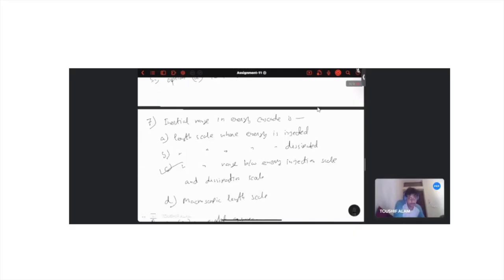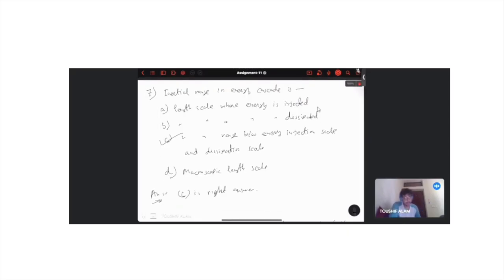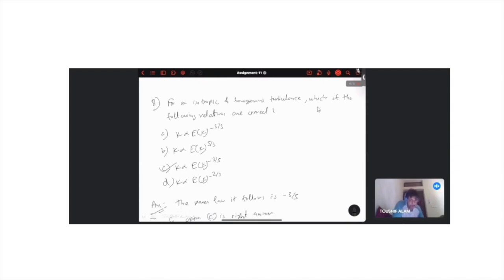So 46. Inertial range in energy cascade is the length scale range between energy injection scale and dissipation scale, not the macroscopic length scale. So it is option C. In isotropic and homogeneous turbulence, which of the following relations are correct?